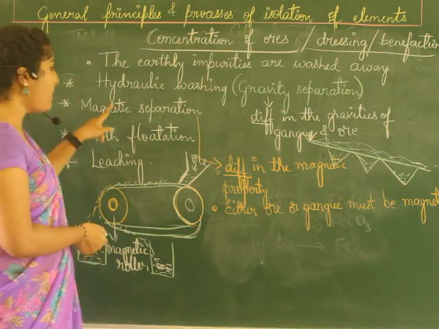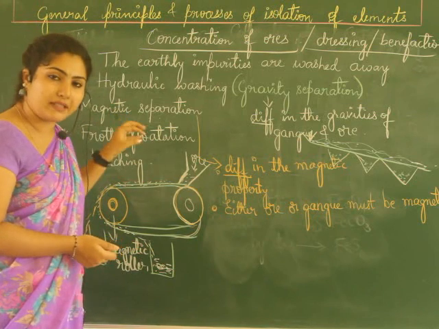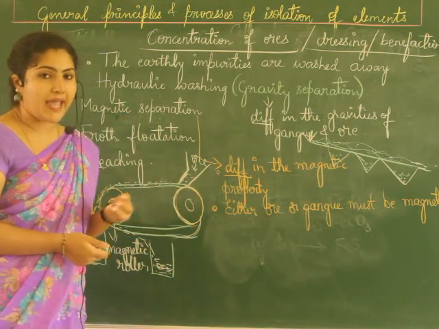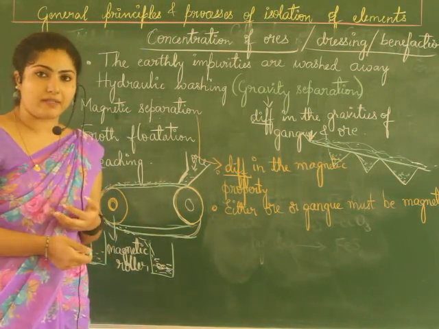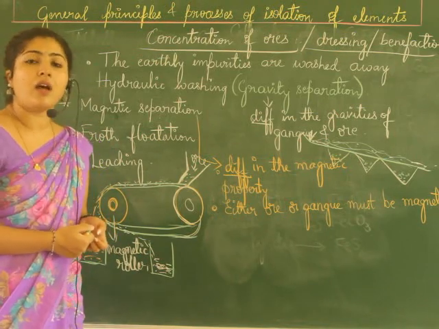So in the magnetic separation method, the principle is that either the gangue or the ore particle must be a magnetic substance so that it gets attracted by the magnet.